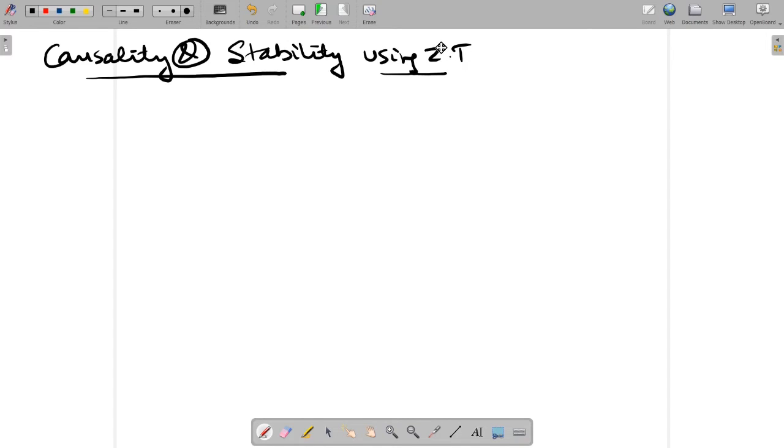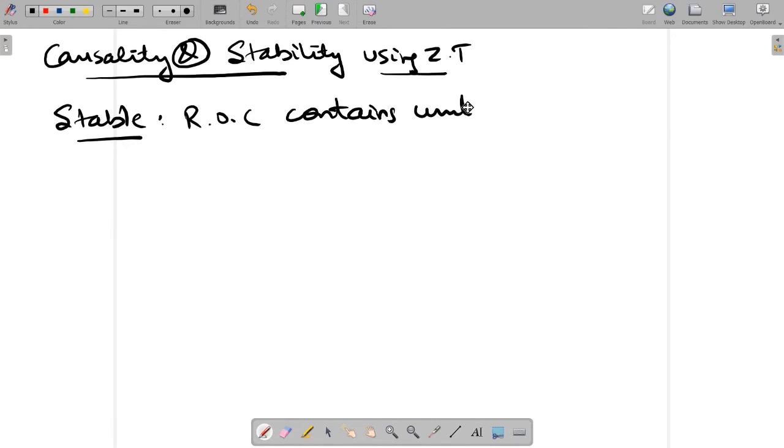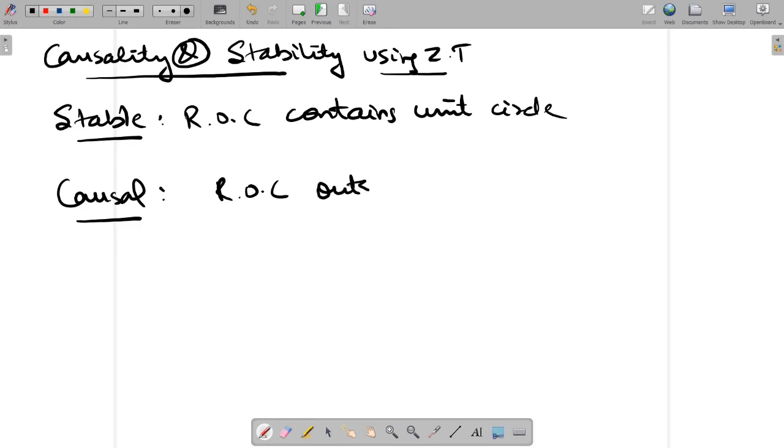Fine. So if I say that a signal system is stable if ROC contains the unit circle, right? And a signal system is causal if ROC is outside the outermost pole.